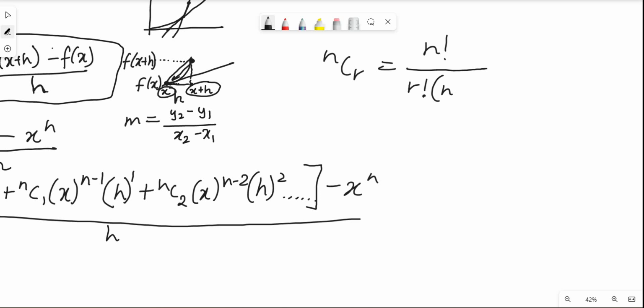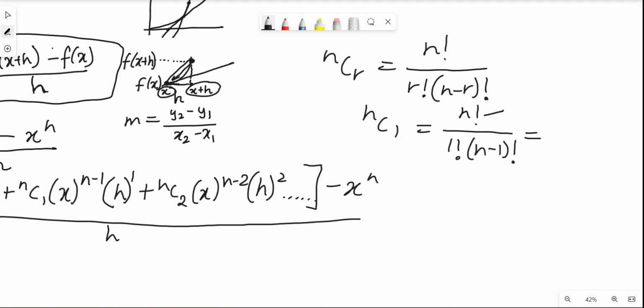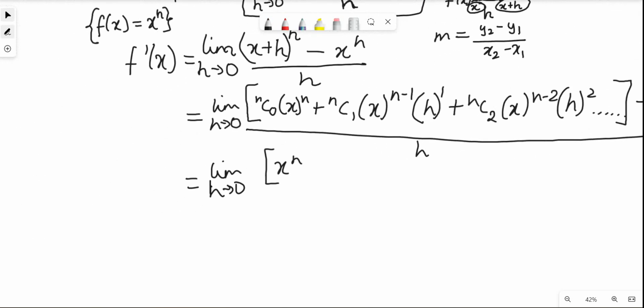No, it's not. n minus r factorial. So when we have nC1, we have n factorial, because n is the same, divided by 1 factorial times n minus 1 factorial, which we can simplify or expand to see n times n minus 1 factorial as the properties of factorials. So we have this cancel, that cancel, so we have just n. It's always, nC1 is always n, even in the general sense.